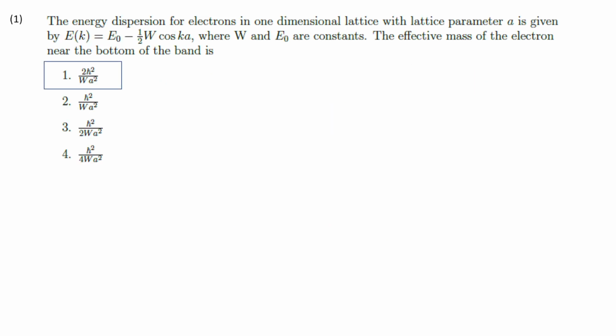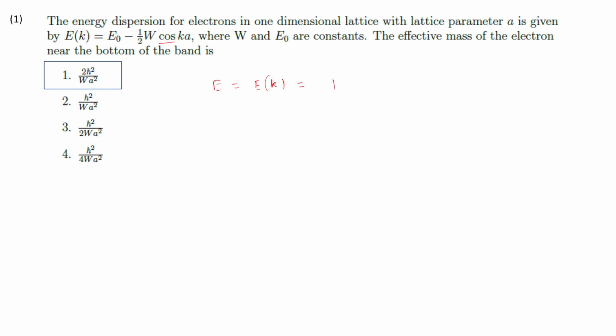The first question is: the energy dispersion of electrons in a one-dimensional lattice is given with some lattice parameter. The dispersion relation is the relation where E is written as a function of k, the wave number.